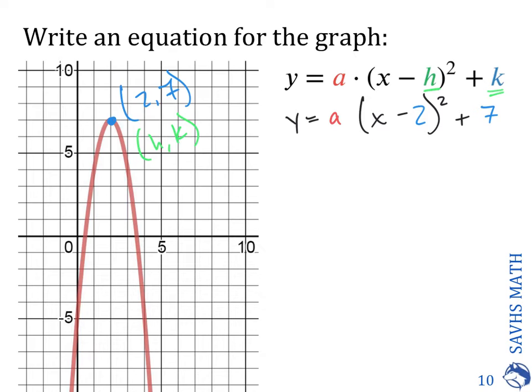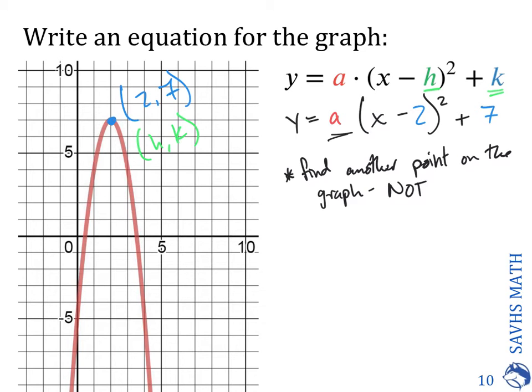The next thing I have to do is figure out what the scale factor is. This part is a little bit challenging for a lot of people. What you have to do is find another point on the graph, but don't use the vertex. What is another point that this thing goes through?